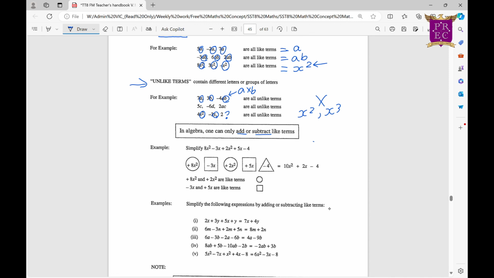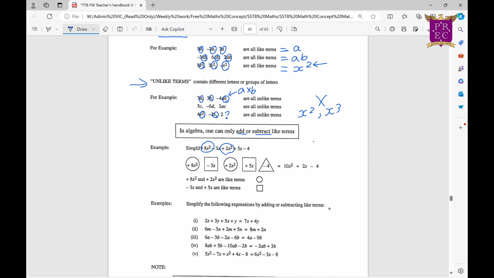So we have at the start 8x squared, and keep in mind that this is a positive because there's no negative sign at the front of it, so it's a positive 8x squared. That's going to be represented by the circle. And what else has an x squared? Plus 2x squared. So that's also a circle, and it's drawn better here. And then you'll notice that that's it.